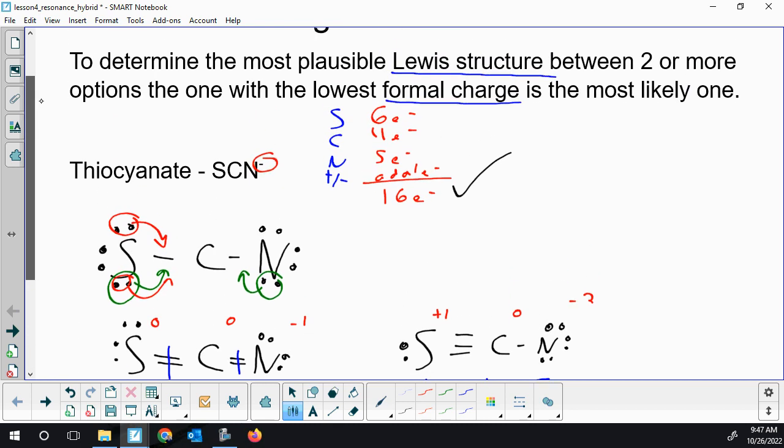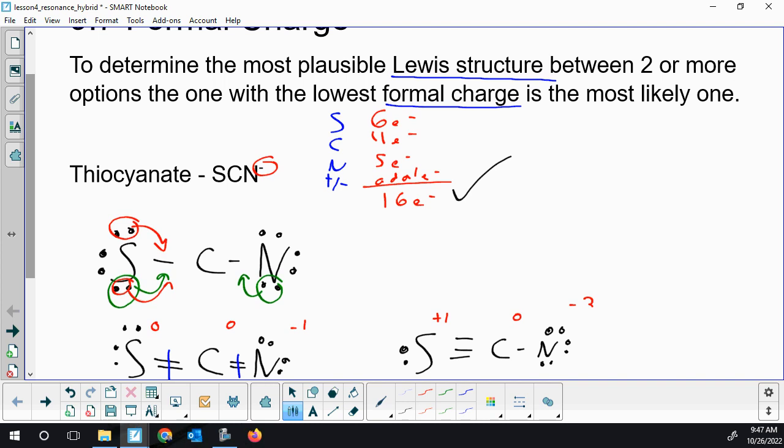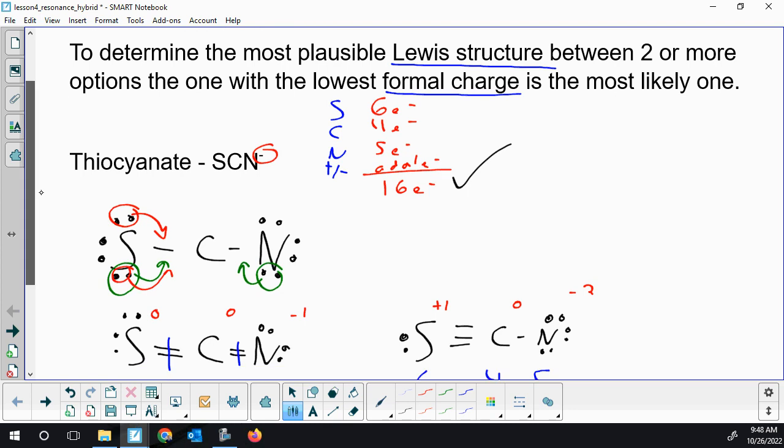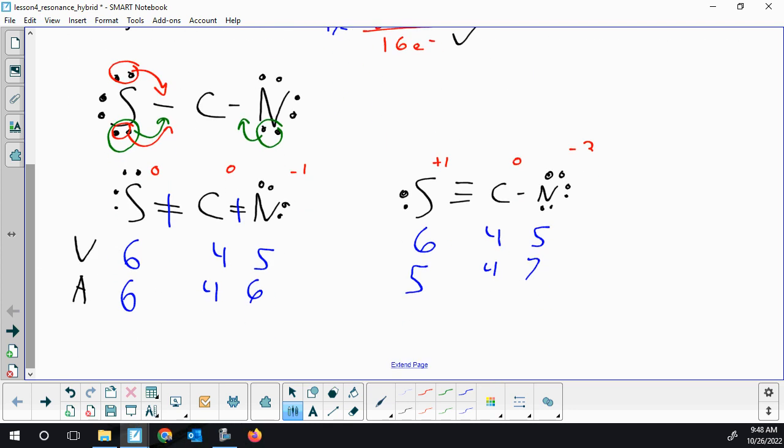So how are we supposed to use this? To determine the most plausible Lewis structure between 2 or more options, the one with the lowest total formal charge is most likely. So 0, 0, -1 has way less formal charge than -2 and a +1. There's more formal charges here. Here we're 1 off, if you add up the absolute values.